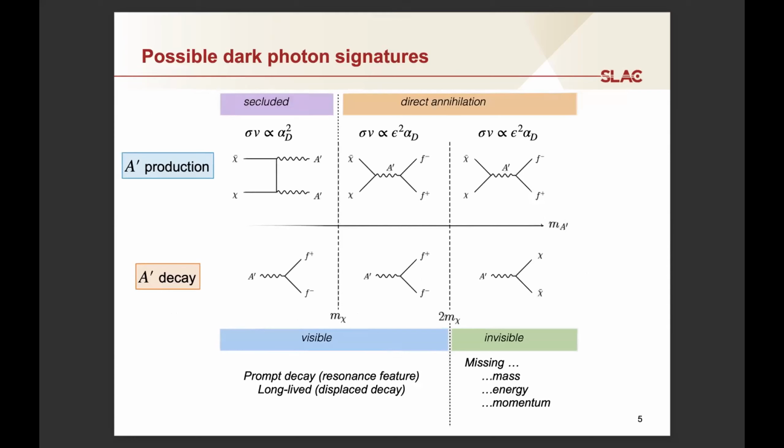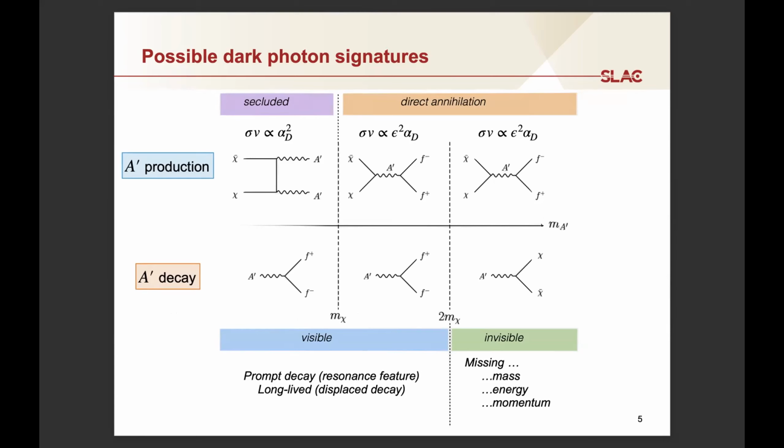So what are the possible signatures in this model? If we think about direct annihilation, dark matter annihilates into a dark photon, and then this decays into standard model particles. This is possible if, for example, the A prime mass is smaller than the mass of the dark matter.